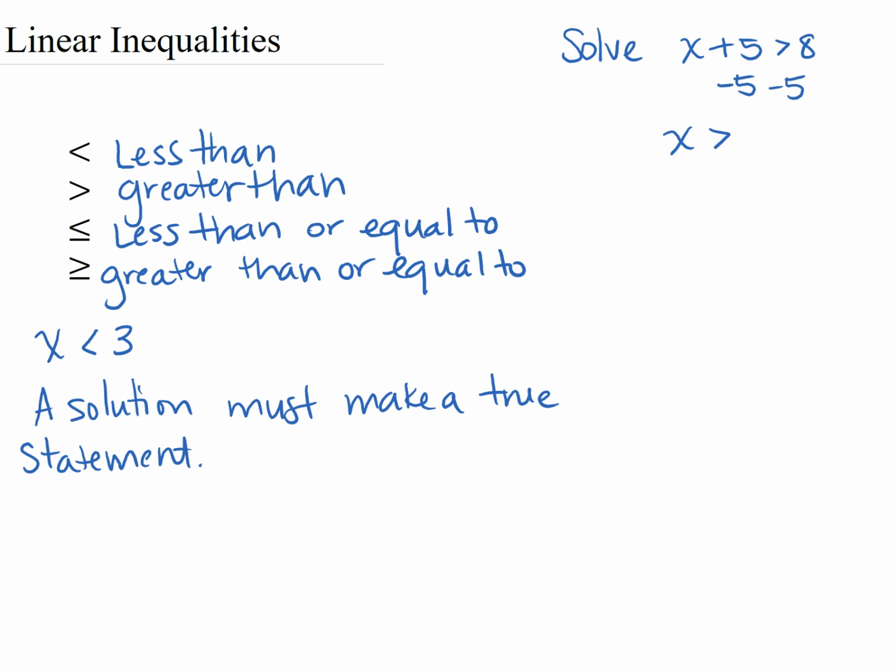And x is greater than 3. So any number that is greater than 3 makes this true. Like if I pick 10, 10 plus 5 is 15, and 15 is greater than 8. If I pick a number that's less than 3, it doesn't work, like 0. 0 plus 5 is 5, and 5 is not greater than 8. So it's any range of values above 3, and 3 is not included in this statement.